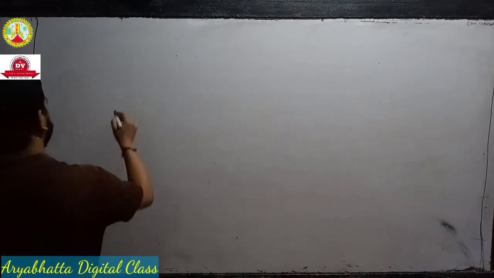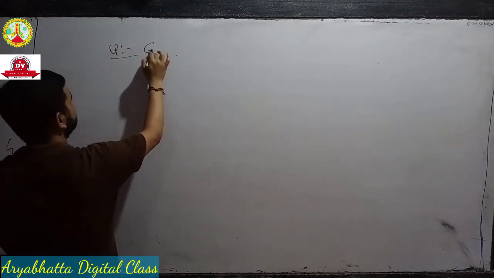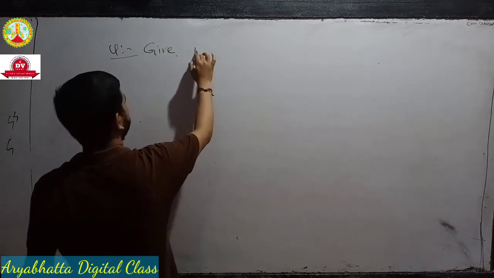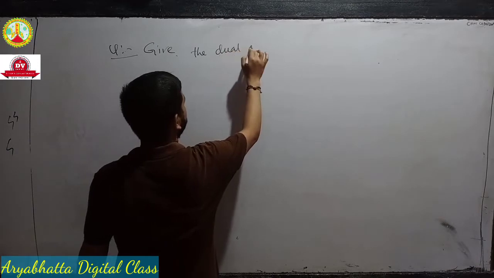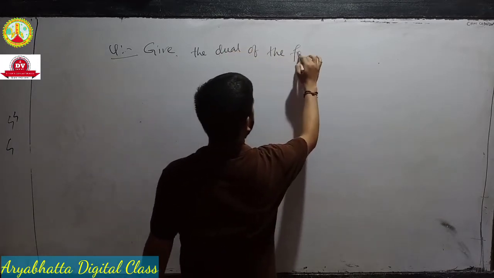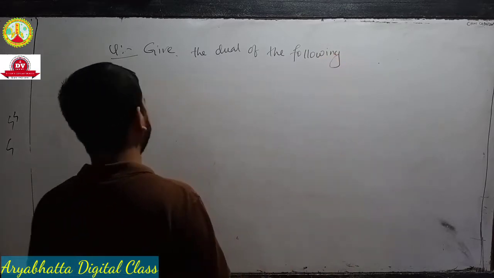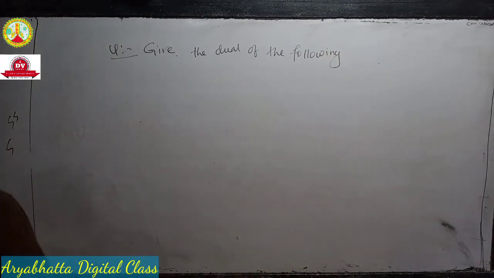You see, the first one is: give the dual of the following result in Boolean algebra.